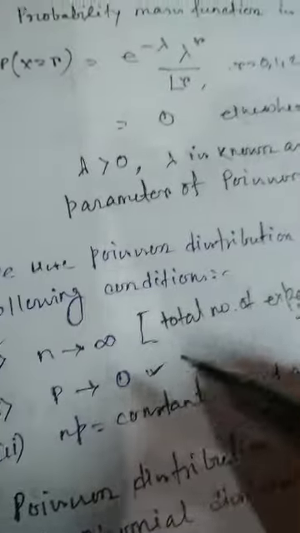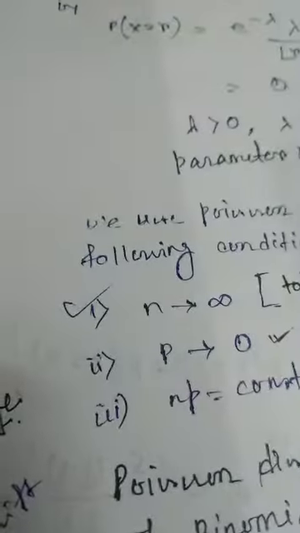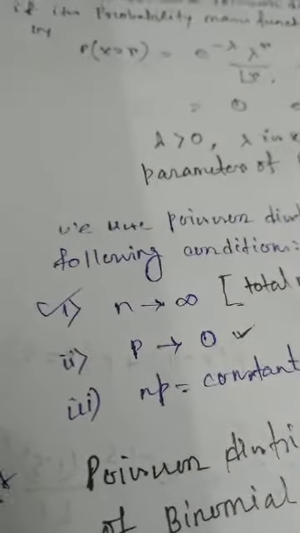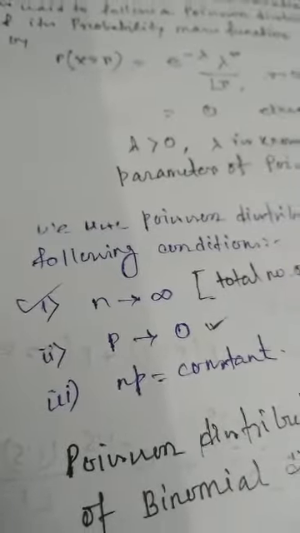And p tends to 0, which means the probability of occurrence of an event is very small. That's why we take p tends to 0, and lastly np is equal to a constant.